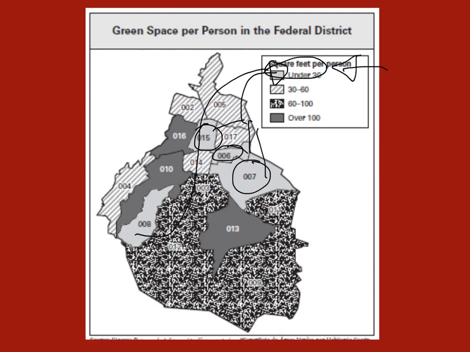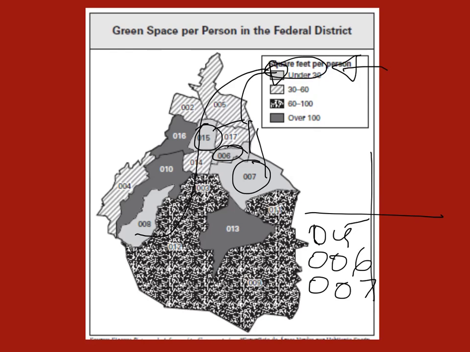Write these down on your sheet. At the bottom of your sheet, you're going to make a T-chart that looks something like this. And on the left-hand side, you're going to write 0, 1, 5, 0, 0, 6, 0, 0, 7, and 0, 0, 8. This is going to help you later on.